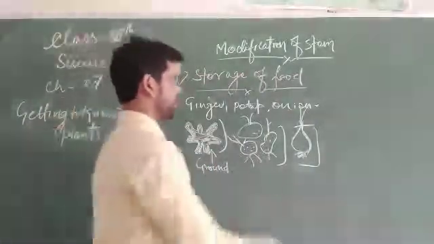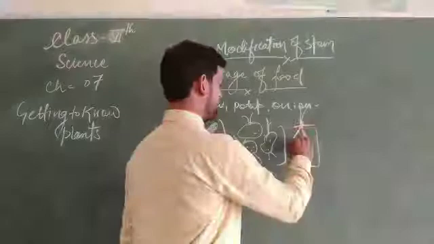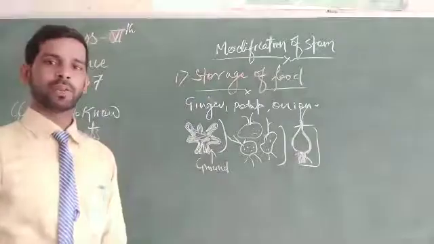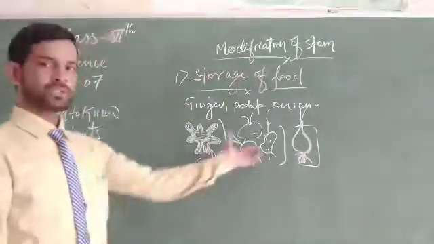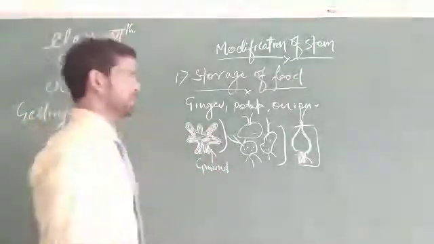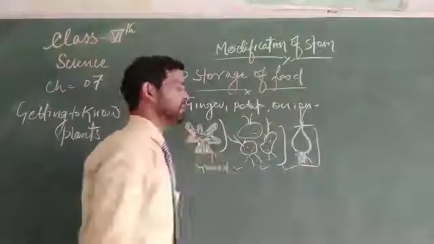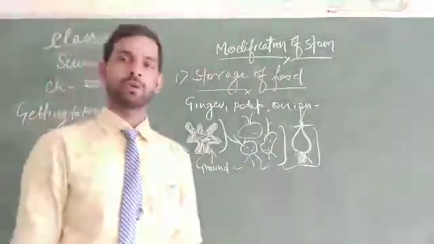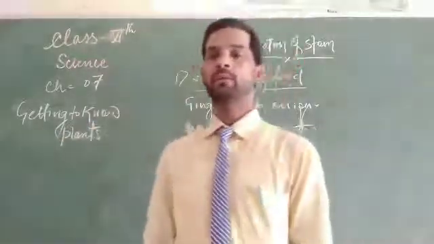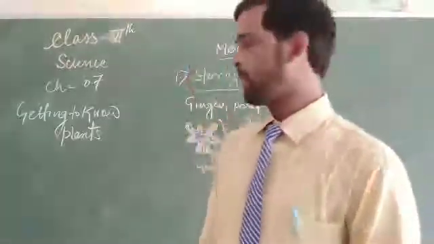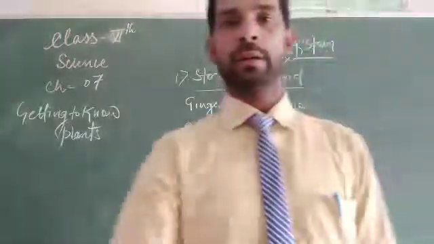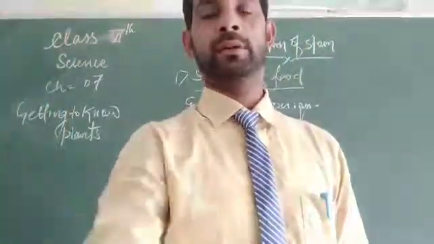These have the important characteristic of storing food, which can be consumed later. So these are examples of plants that store food in their stem: potato, onion and ginger. The stem grows underground and stores food in it, which makes it fleshy and swollen, and these parts can be eaten later.